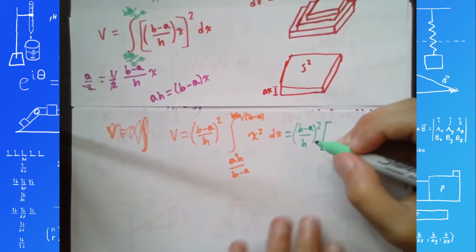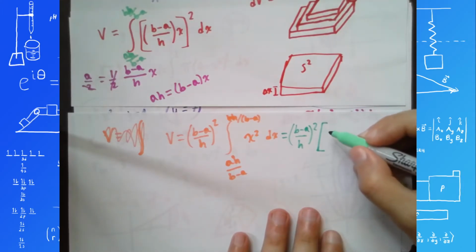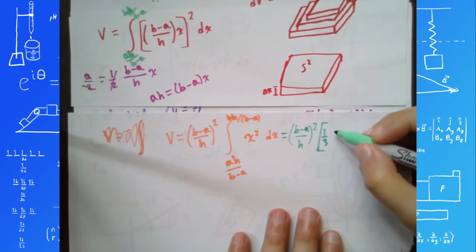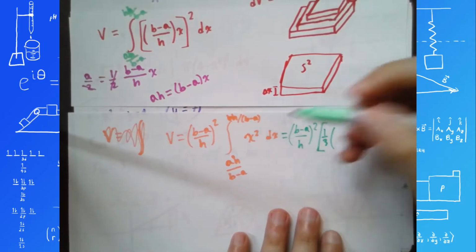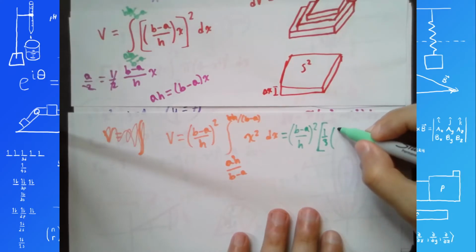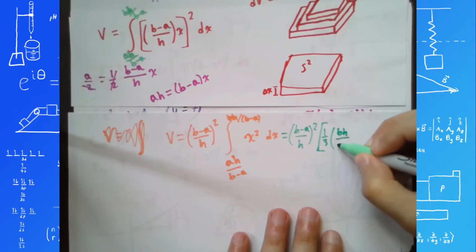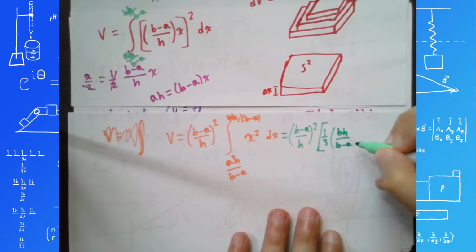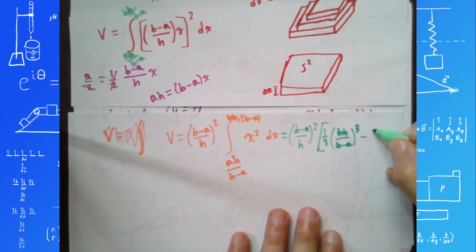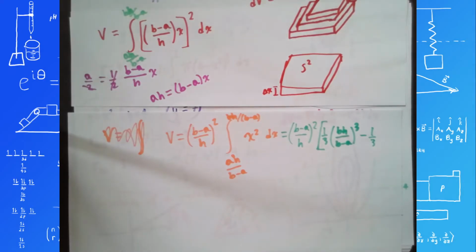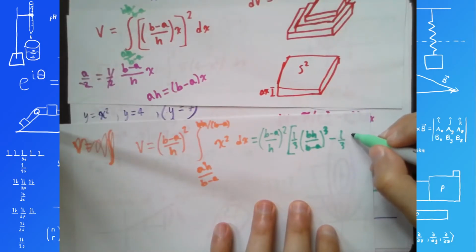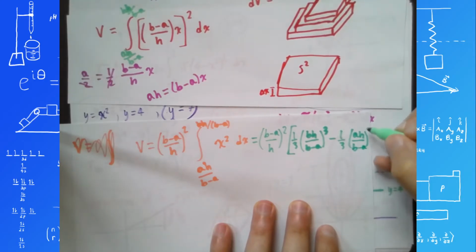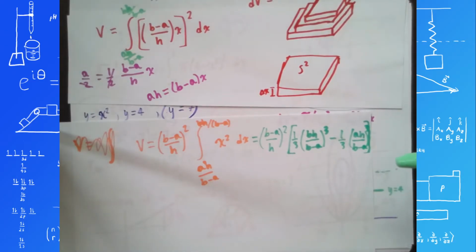And then we've got 1/3 x cubed, so it's going to be 1/3 BH over B minus A cubed, minus 1/3 AH over B minus A cubed. Oh goodness.